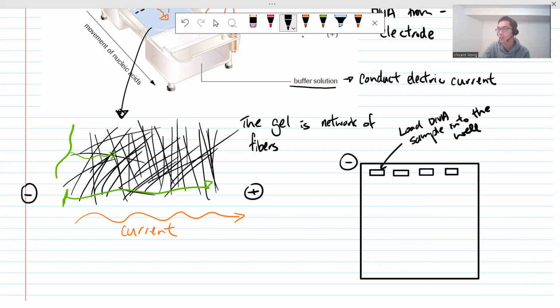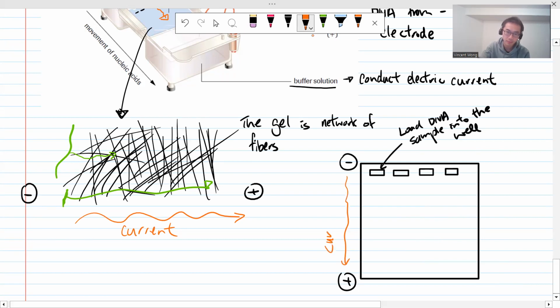This is negative, this is positive, and when you plug it in, the current will go this way. So at the end, after you apply the current, you will push your DNA down.